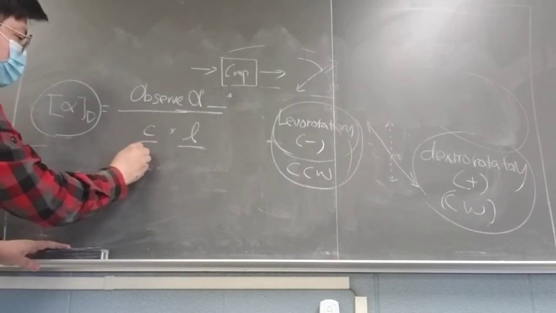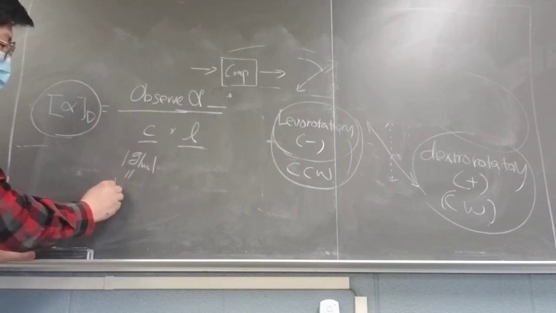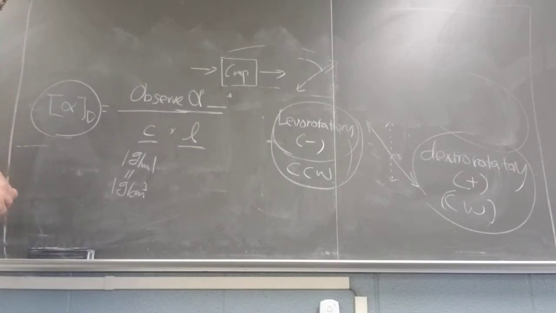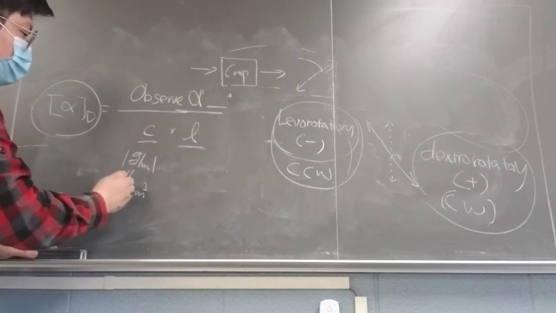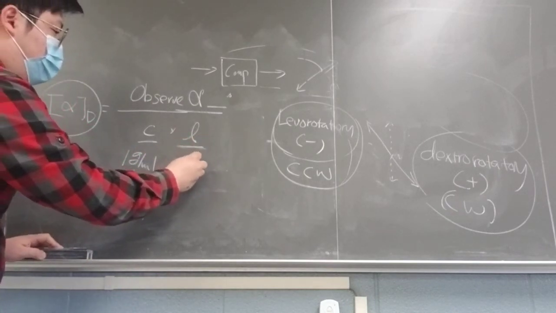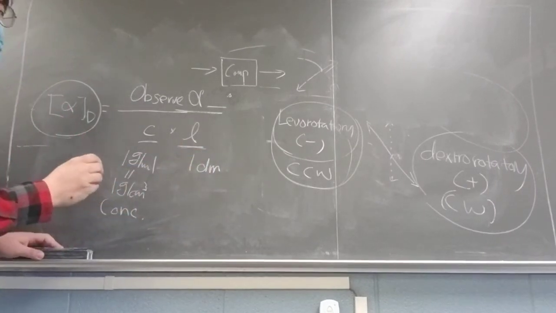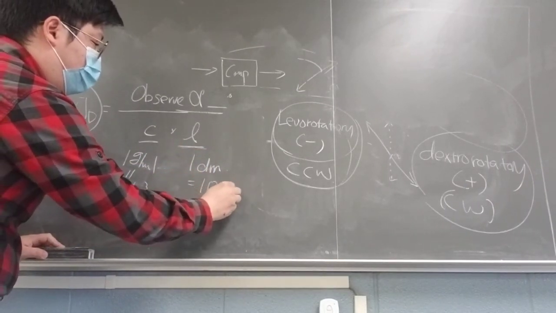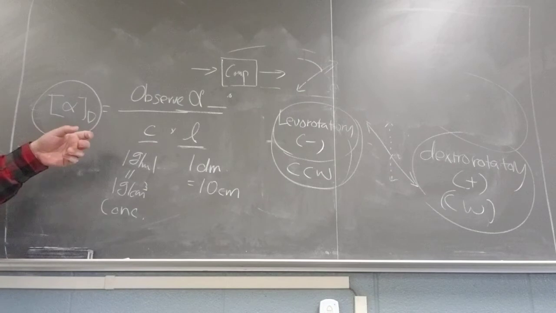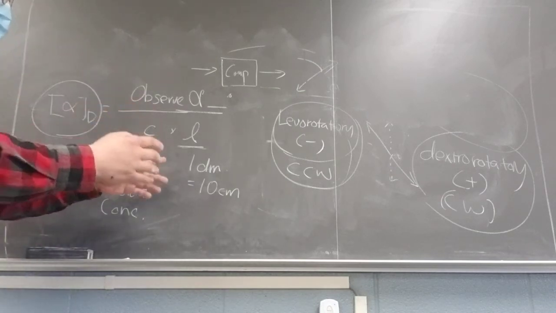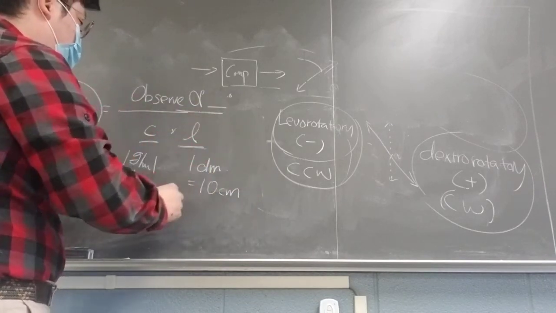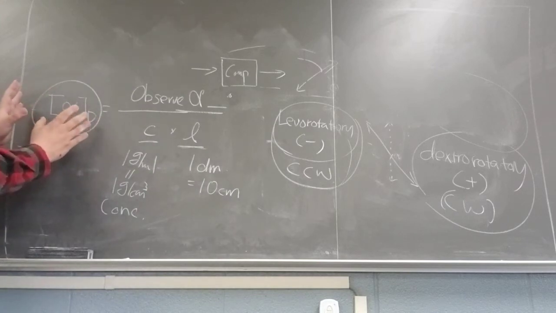The concentration is 1 gram per mL, which is the same as 1 gram per centimeter cube. The path length is set to 1 decimeter, which is equal to 10 centimeters. So if you have a certain compound at 1 gram per mL, or 1 gram per centimeter cube, and only 10 centimeters or 1 decimeter path length in the container, that is your standard number.